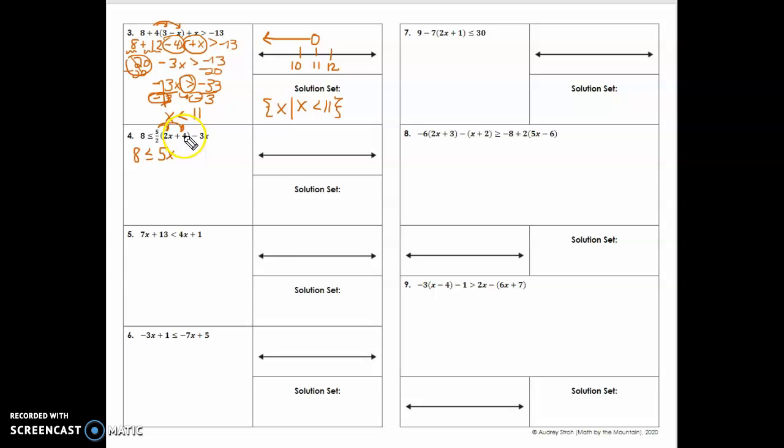My 4 coefficient constant divides out with my 2, leaving me a 2, and 5 times 2 is 10. Then I have a -3x. Combine like terms. Combine my x's. I get 8 is less than or equal to 2x plus 10.